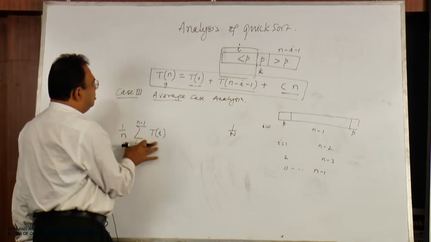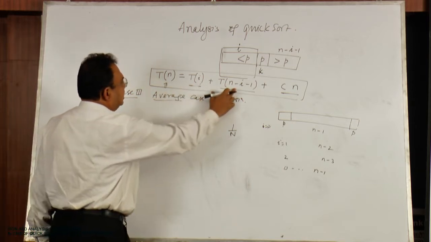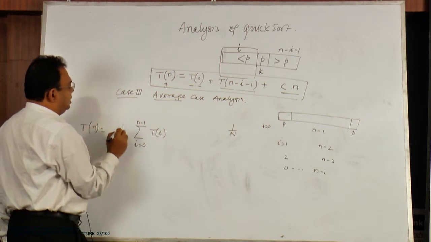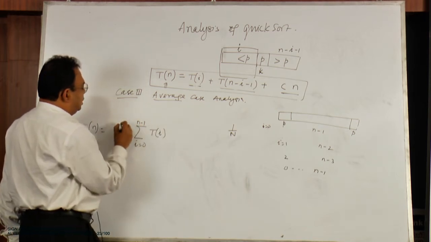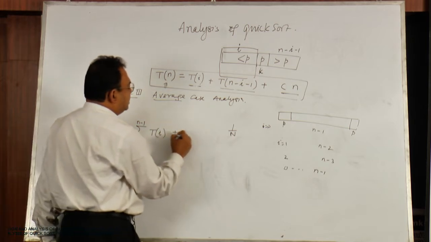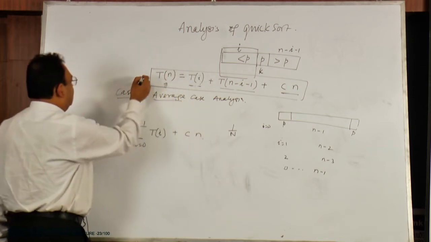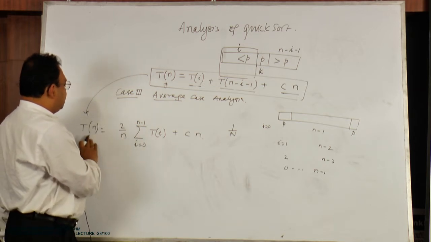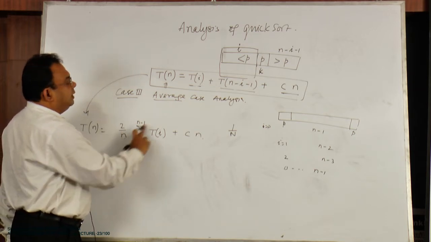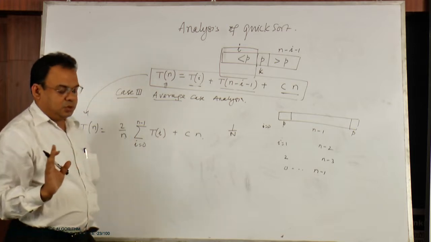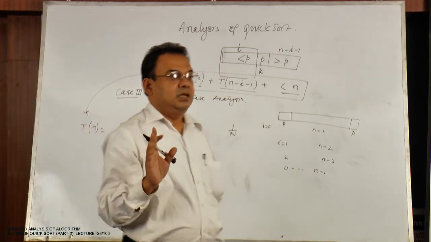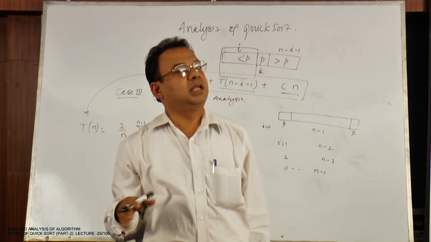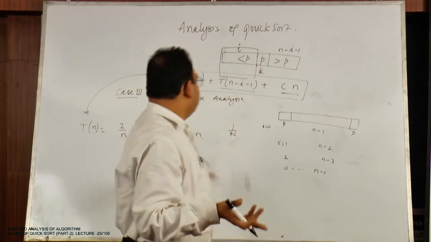So, if you substitute this value here as well as here, the expression for T(n) will be this plus this, so 2 by n times this sum plus C n. So, my recurrence will be represented by T(n) is equal to 2 by n times this sum plus C n. This is the average case analysis, which ensures that all possible subarrays are equally likely; only for that is this valid.